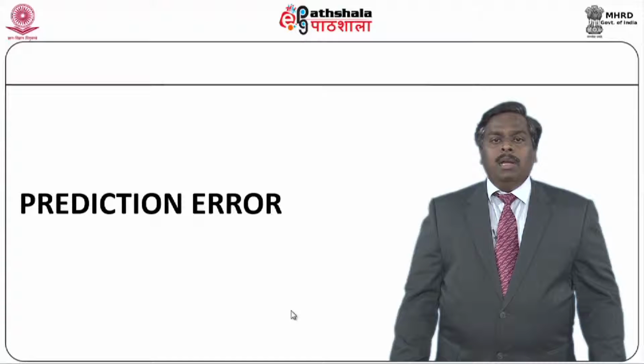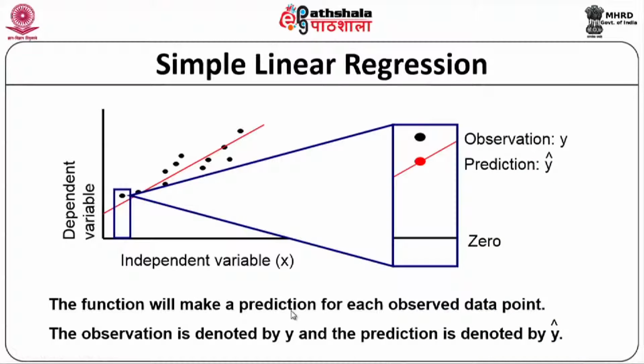So we need to identify the difference between the given straight line and the observed values, which may be quantified in the form of error. So all that we need to do is identify the error and use it for further analysis. In the given scenario that we discussed earlier, we may end up with a straight line which will be defined by beta naught and beta 1 for every x value.